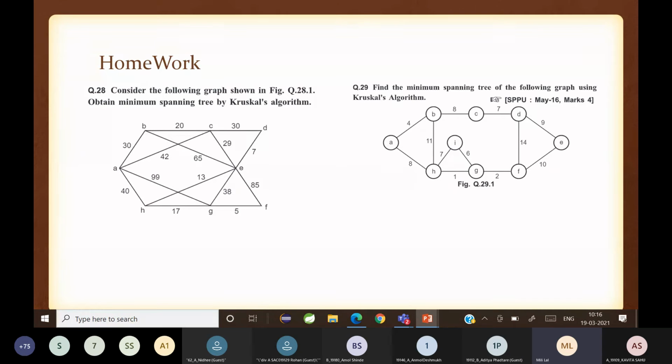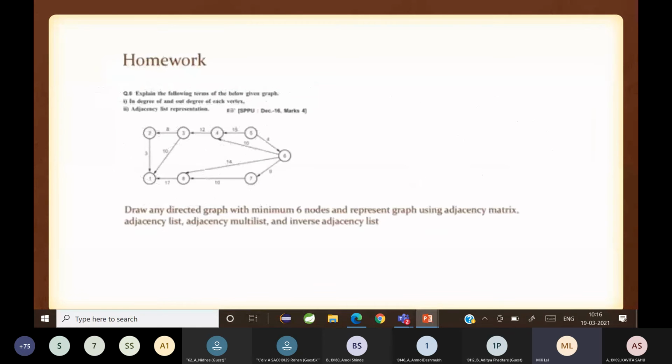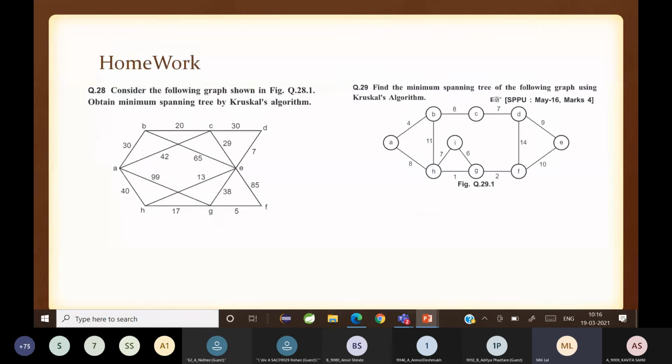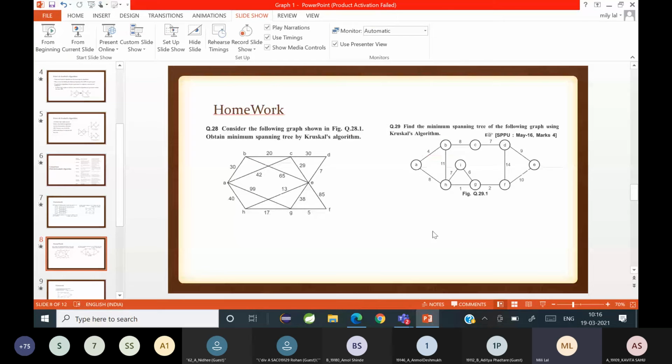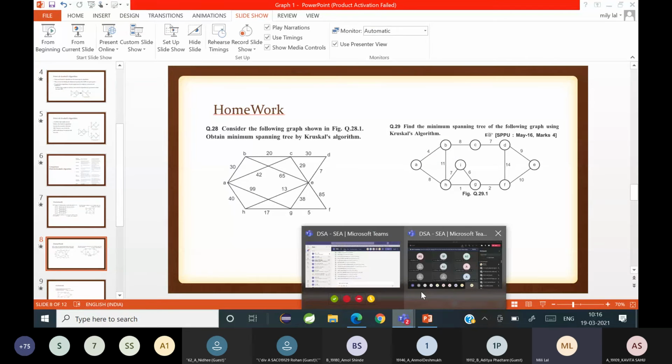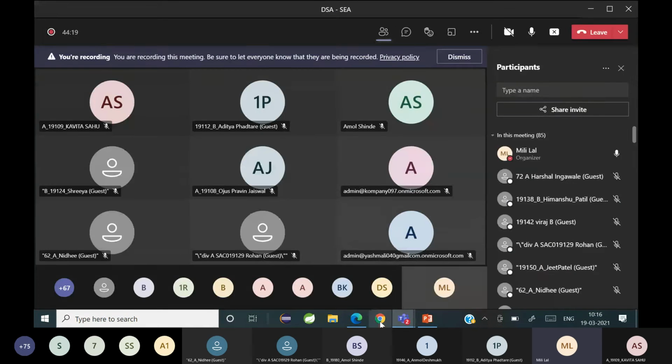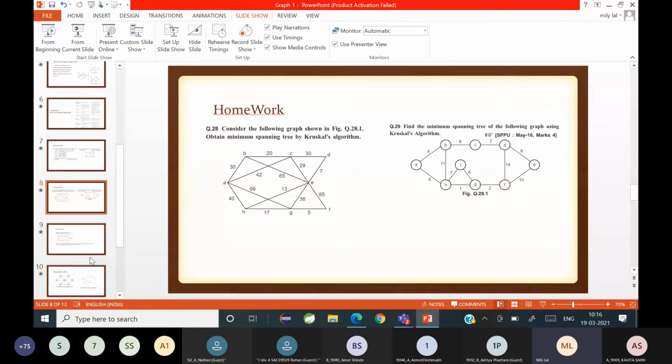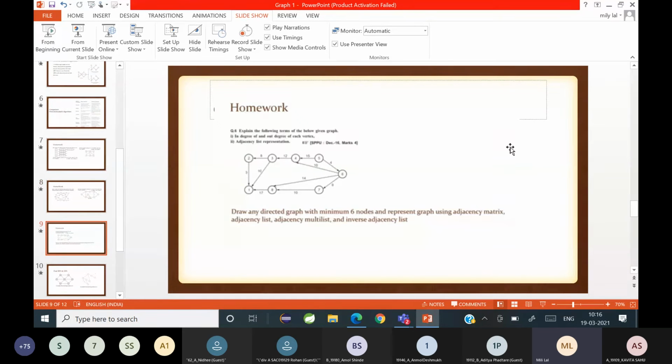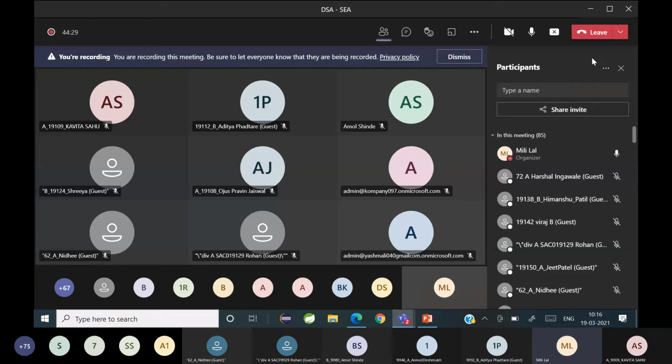Yes, ma'am. Okay. So I would like you all to know whether you have done the previous homeworks. आप लोगों ने first homework किया है क्या? I guess the question was this one: directed graph, adjacency matrix, adjacency list draw करने के लिए किया था क्या आप लोगों ने?